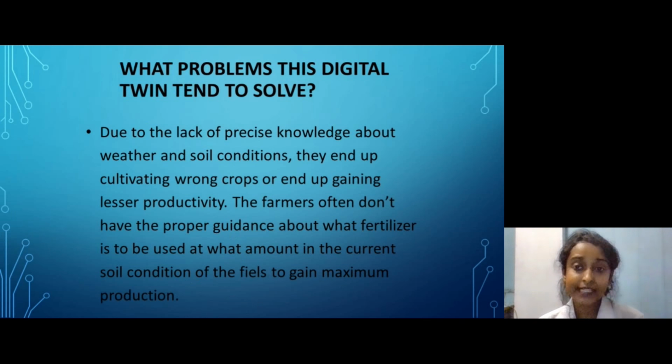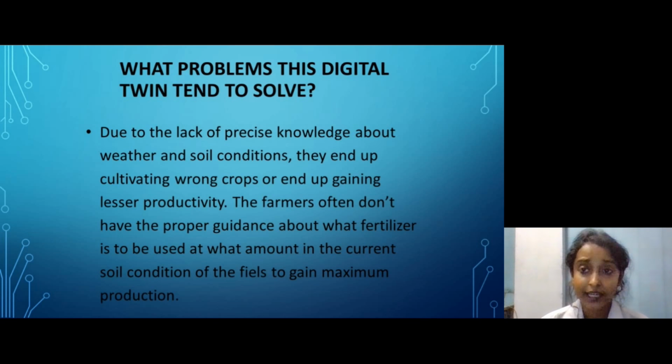Moving on to the next slide, let us first understand what are the problems that this digital twin will tend to solve. As we already know, in our country, due to lack of precise knowledge about weather and soil conditions prevailing in a particular area, the farmers often end up cultivating wrong crops or crops with very less productivity.